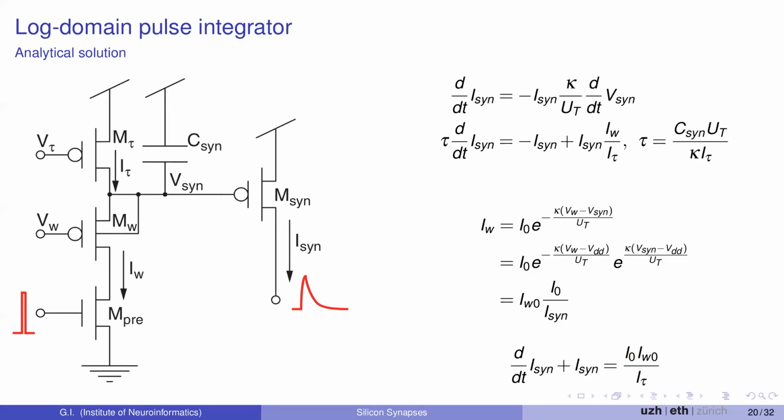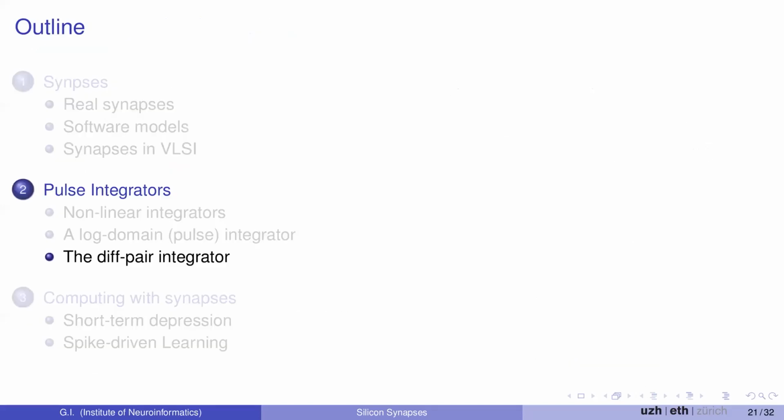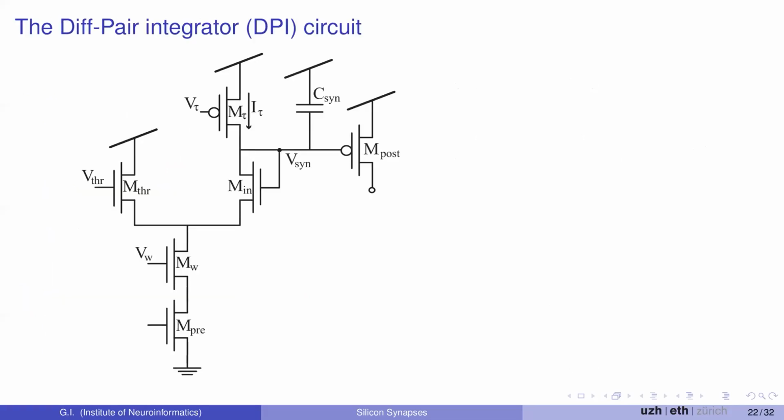And that's why I'm proposing to you another circuit, which is the differential pair integrator. So here you should see there is a differential pair, these transistors. Similar to before, there is a transistor that sets the weight, and there is a transistor that sets the time constant of the circuit, this I tau, and then we have an IW.